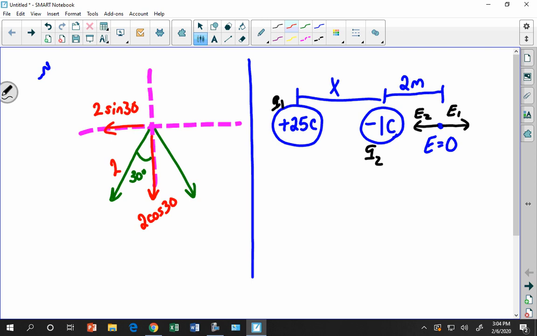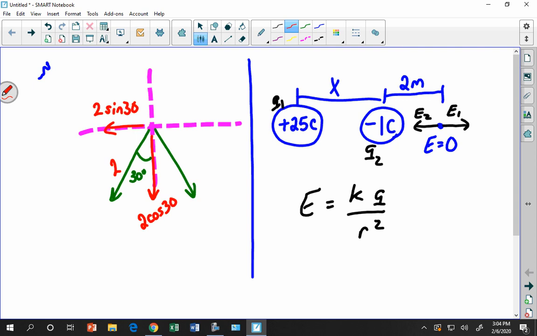I know those have to be equal and opposite. So remember, E is KQ over R squared. In order for these to have the same electric field, this distance here has to be a certain value, the total distance for the 25 coulomb charge.